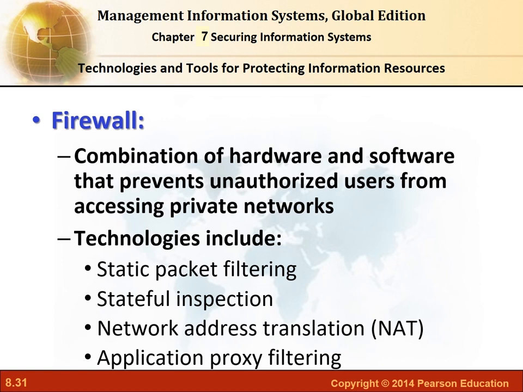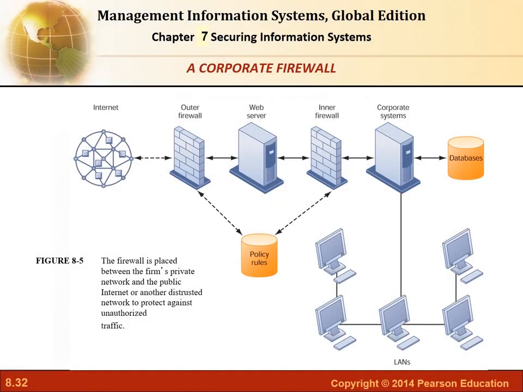The technologies included in the firewall are static packet filtering, stateful inspection, network address translation, and application proxy filtering. And these are often used in combination. This graphic illustrates the use of firewalls on a corporate network.